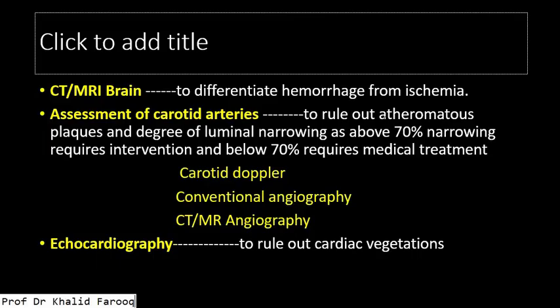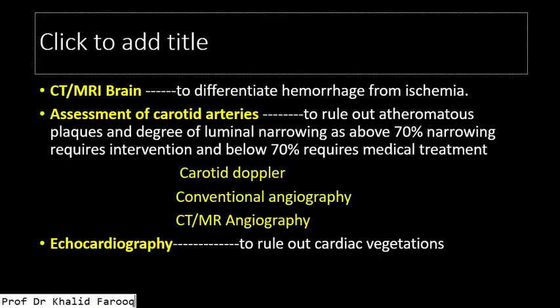After this, we will proceed for assessment of carotid arteries. Here in carotid arteries, we have to rule out atheromatous changes, and if atheromatous plaques are present, then it is our duty to measure the luminal narrowing. If luminal narrowing is above 70%, then the patient needs intervention, and if luminal narrowing is below 70%, then there will be a medical treatment.